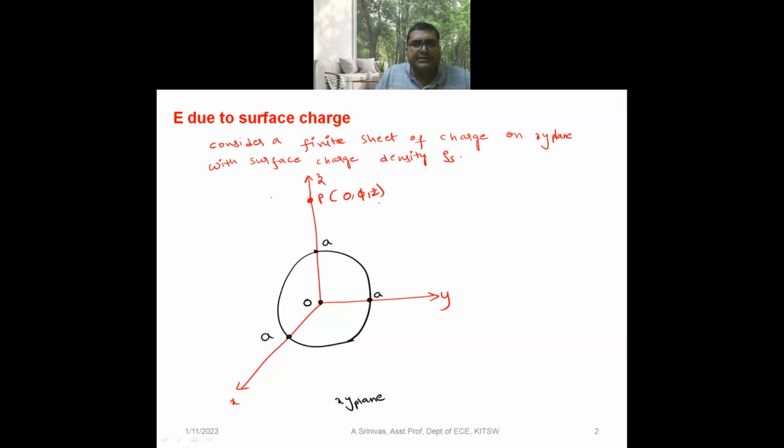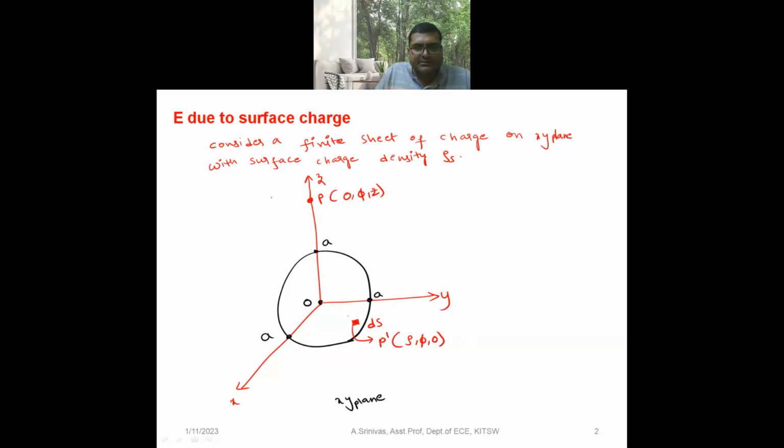To determine the electric field intensity due to sheet of charge, we have to consider a differential surface area, that is ds. Let it be at a point. If the surface area is very small, then this can be considered as a point. The coordinates of the point is rho, phi, 0 in xy plane.